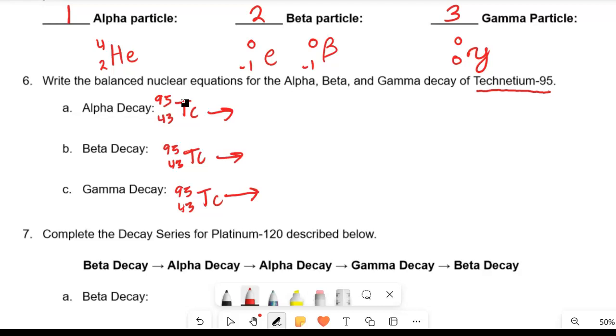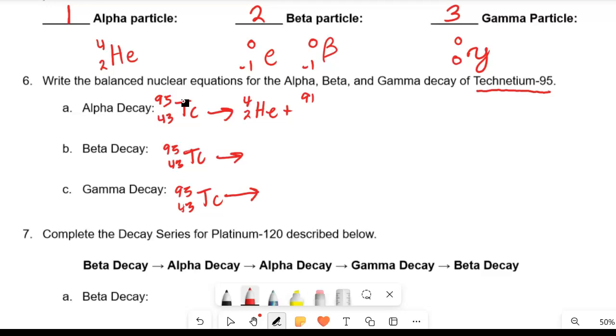So the first decay is an alpha decay. So we have our alpha particle. And remember, we treat this arrow like an equal sign. So whatever we have on the left, we also have to see on the right. So the law of conservation of mass is still in effect. We have 95 over here, we have 4 right here. So what number plus 4 gets us to 95? 91.